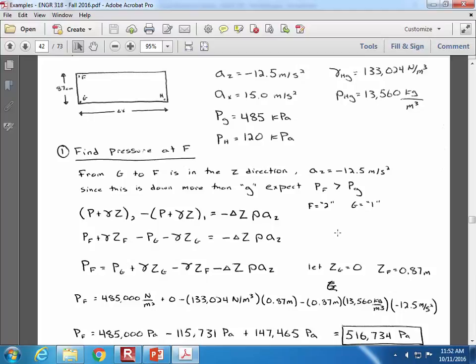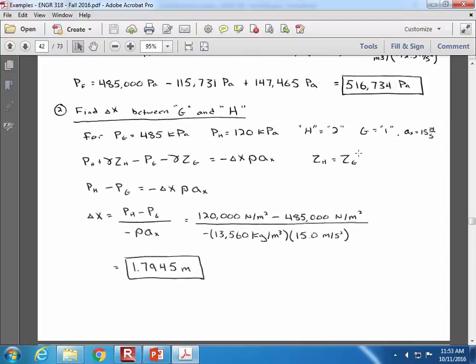But then the pressure decrease, let's see, hold on a second. Yeah, the pressure decrease is because it's above it in elevation. So Euler's equation accounts for both of those effects simultaneously: the normal gravitational acceleration, the hydrostatic part, and also the local acceleration that it's experiencing of 12.5 meters per second squared.